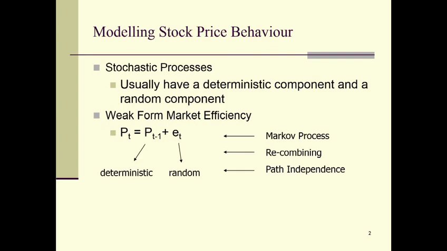Okay, so to model stock price behavior, we use what is called a stochastic process. Now, what is a stochastic process? Well, to put it simply, a stochastic process is any process that has randomness in it. Okay? So it has an uncertainty. So if you look at, let's say, probability theory, it is simply a process that involves chance.